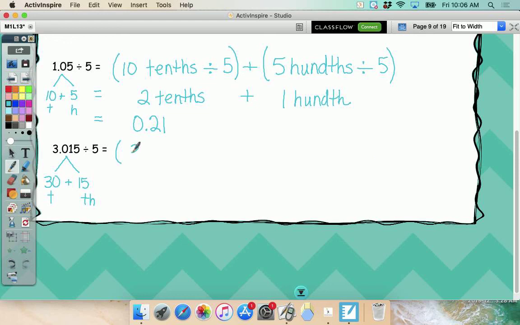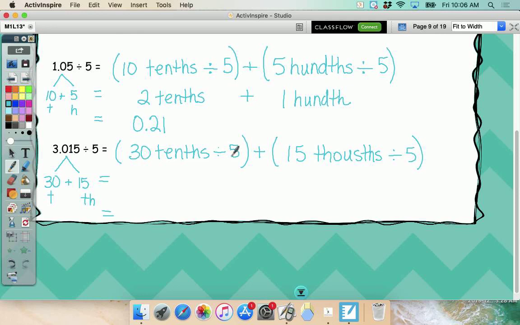So the first one is 30/10 divided by 5 plus 15/1000 divided by 5. And my 3 equal signs.